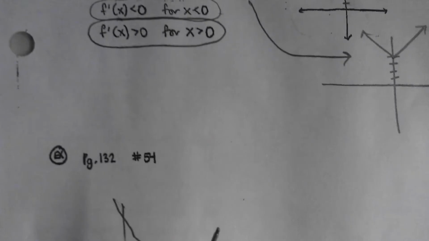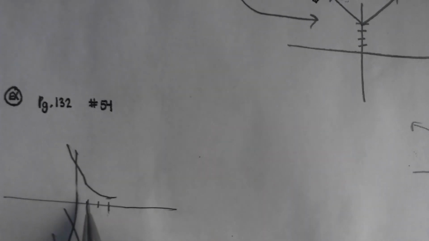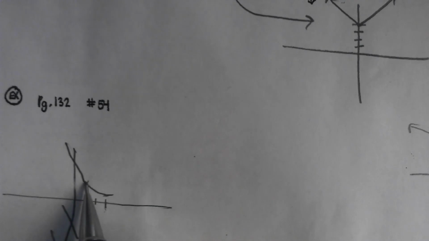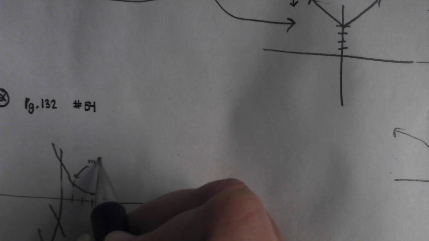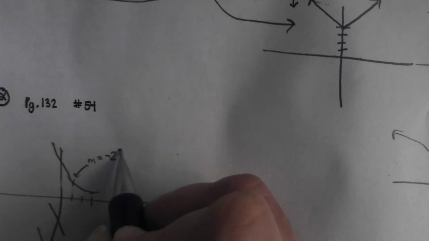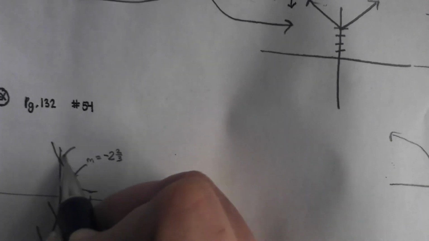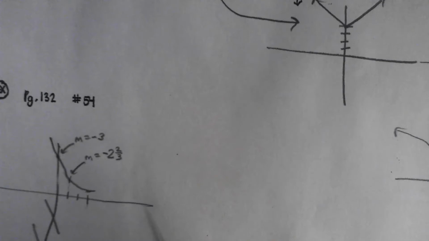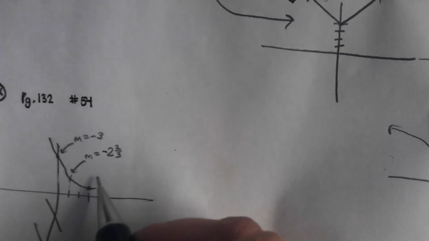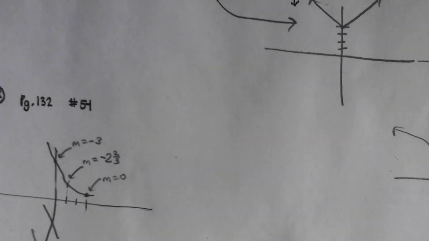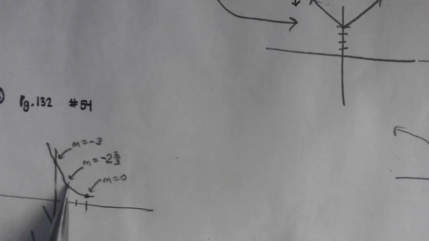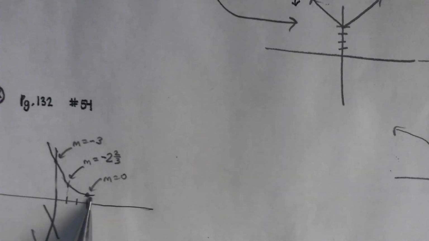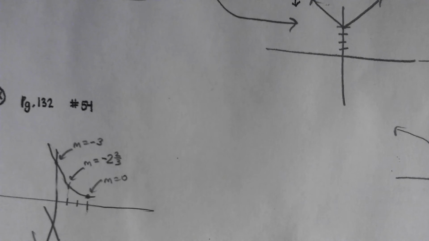We said that the slope here was negative 3, and we're saying that the slope here is 0. So it's steepest here, it's mellowing out a little bit, and then it's flattening out completely by the time we reach 3. Does that make sense?